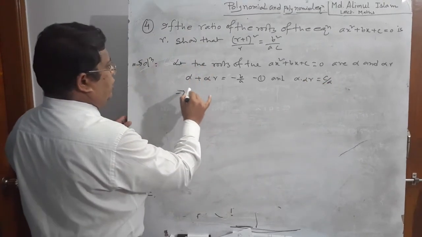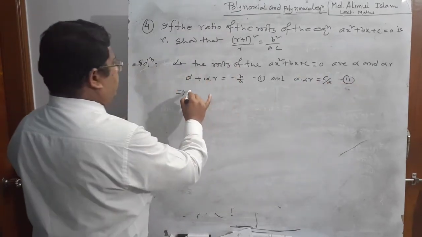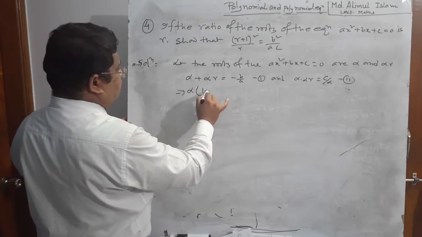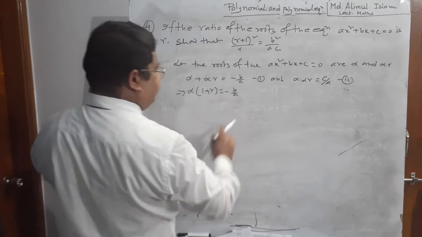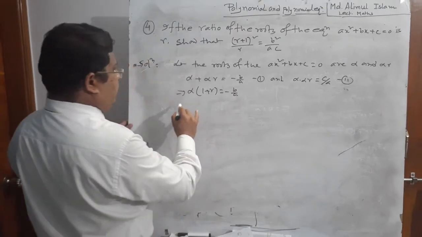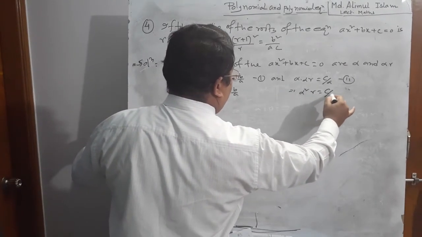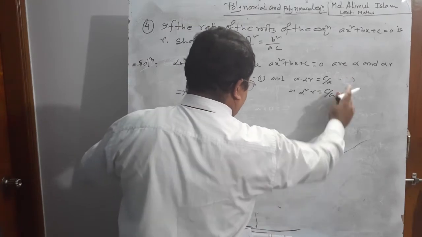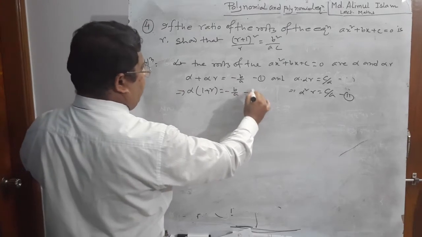You take the common factor, you can give equation number 1. Then you take alpha common, alpha into 1 plus r is equal to minus b by a. Then here alpha square r is equal to c by a, you give equation number 2.